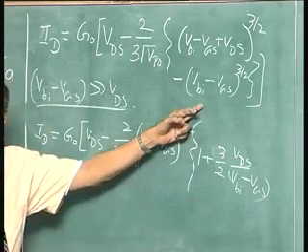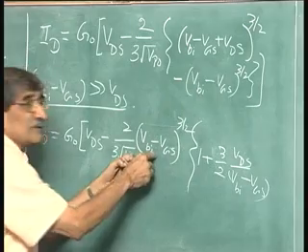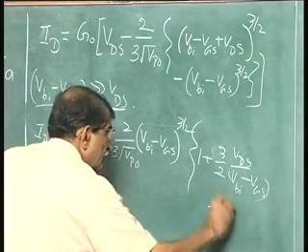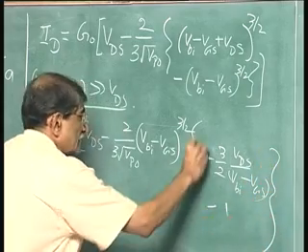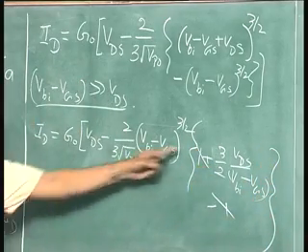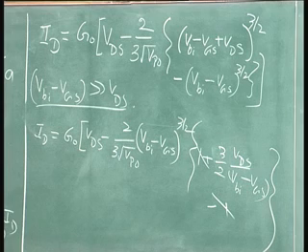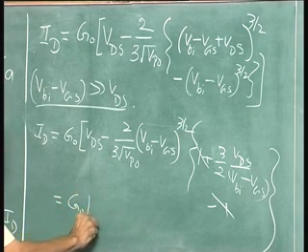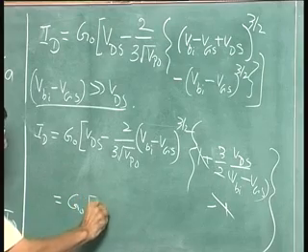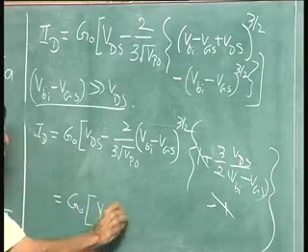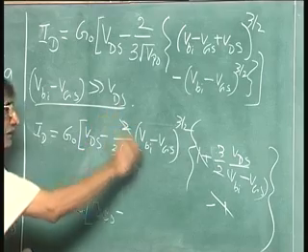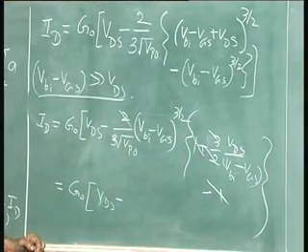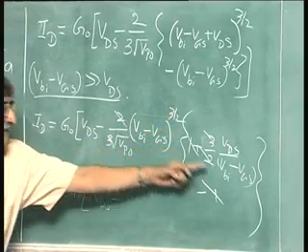What about this term? I have taken that out already, so I am carrying that minus 1. So, these two cancel, these two cancel, these two cancel, and I will be left with I_d equal to G naught into V_ds, all cancelled, and this 3 by 2 cancels with that.